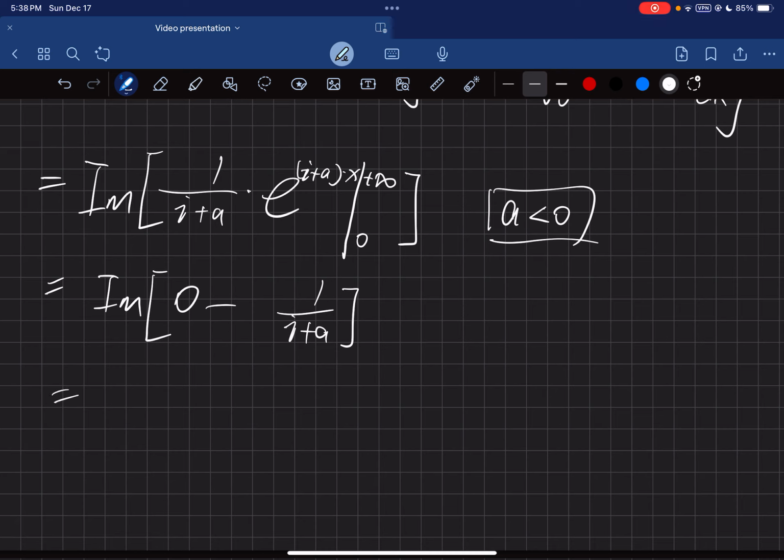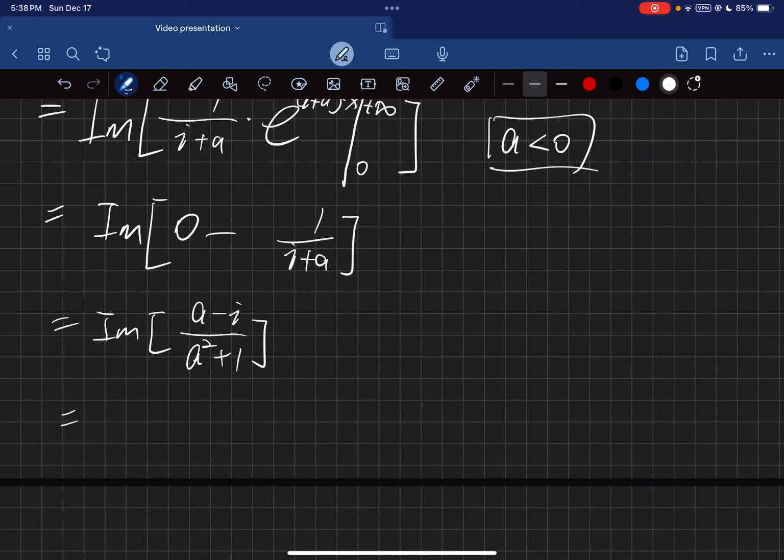And to find the imaginary part, we need to simplify the equation. Like this is a over a squared plus 1 over a plus i, right?